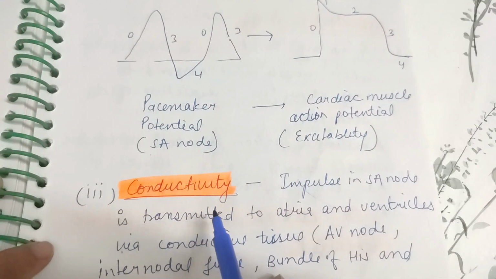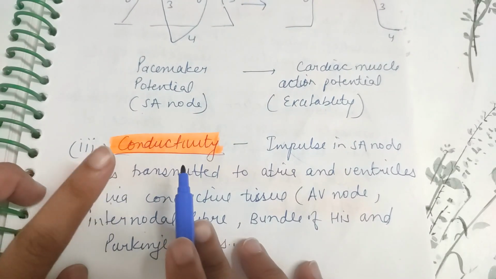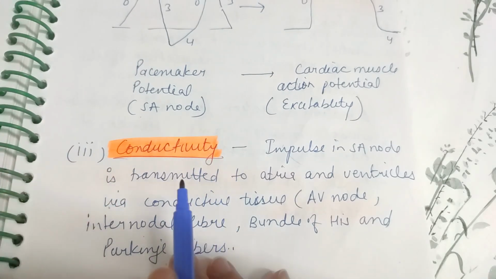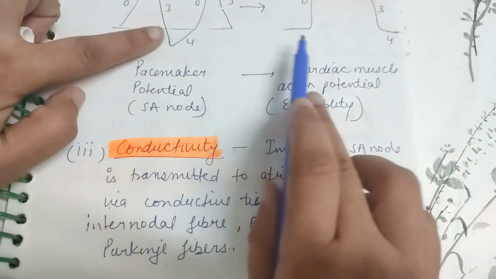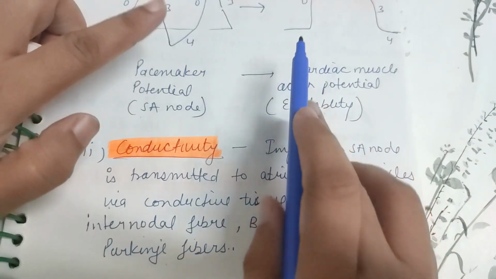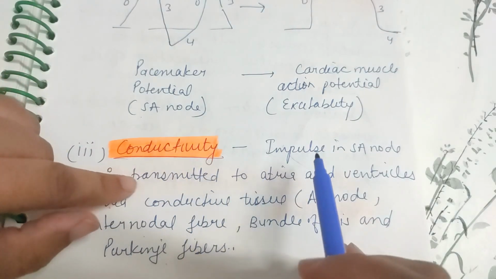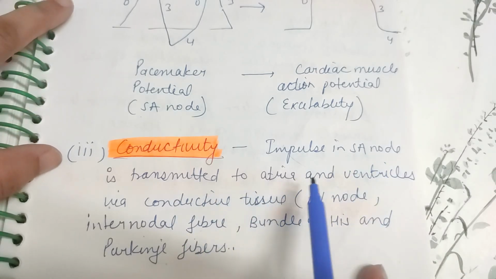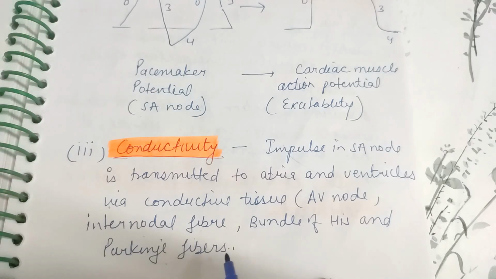Okay, next property is conductivity. This is the third electrical property of cardiac muscle. There are some tissues which can generate their own rhythm, and some tissues which are excitable in response to that, but in between there are some tissues which can conduct that action potential. Those are the conductive tissues. The impulse in the SA node is transmitted to the atria and ventricles via conductive tissues: AV node, internodal fibers, bundle of His, and Purkinje fibers.